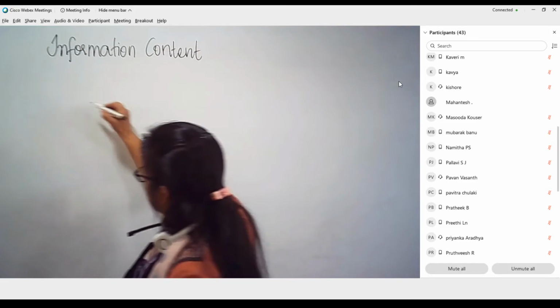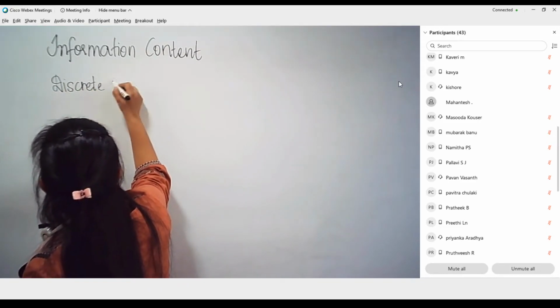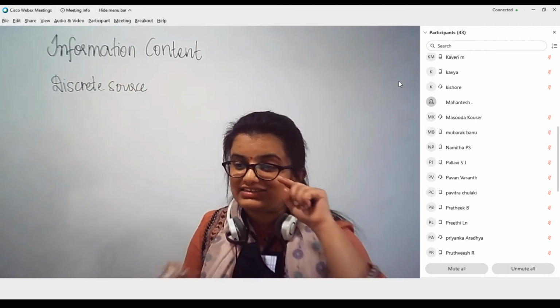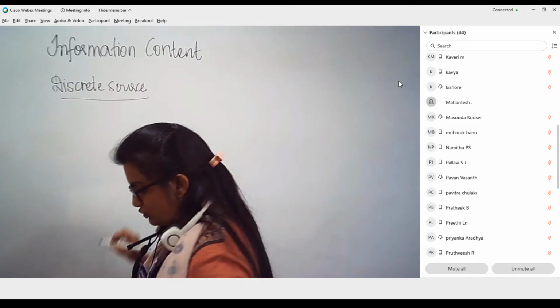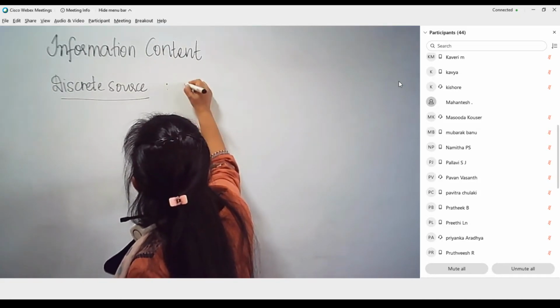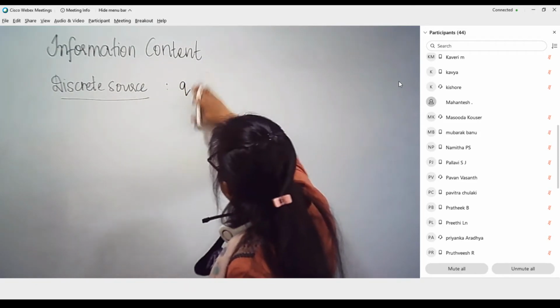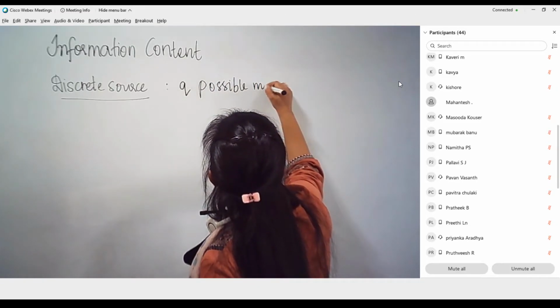I am assuming a digital source. Assume there is a discrete source. What do we mean by a discrete source? It gives out a discrete alphabet at discrete time intervals. So there is a discrete source given to me. Assume that it is going to generate q alphabets, or q possible messages.